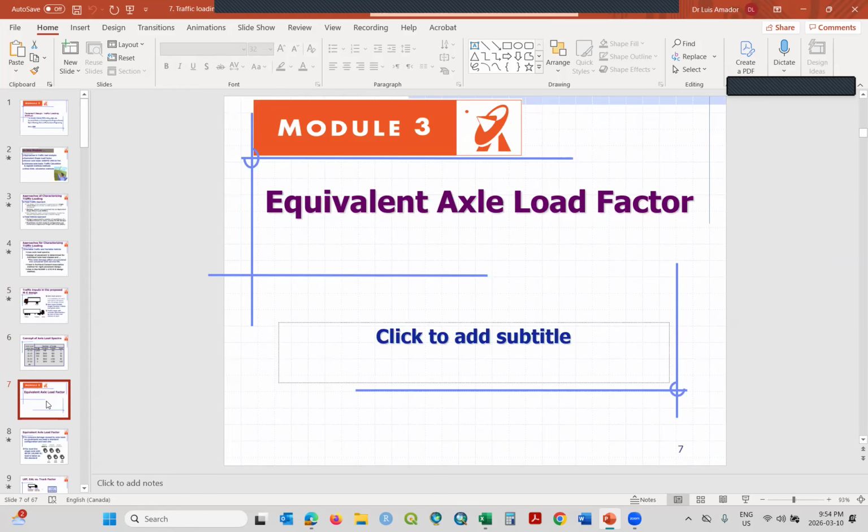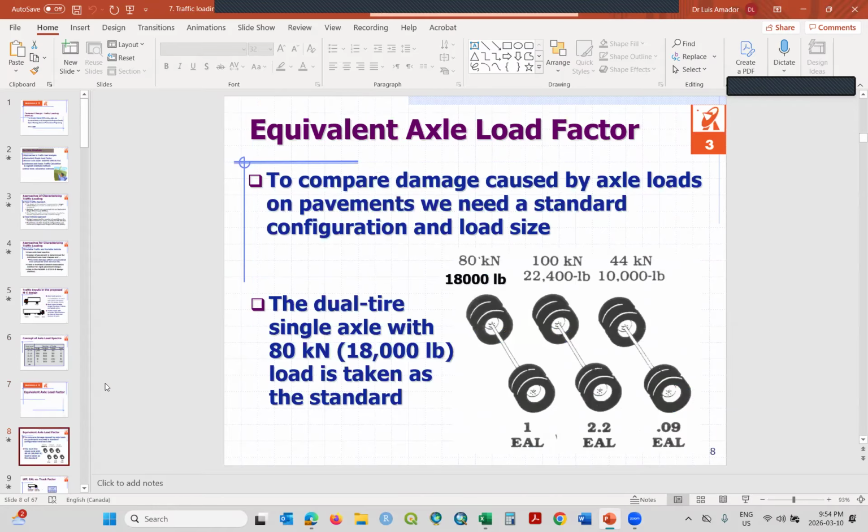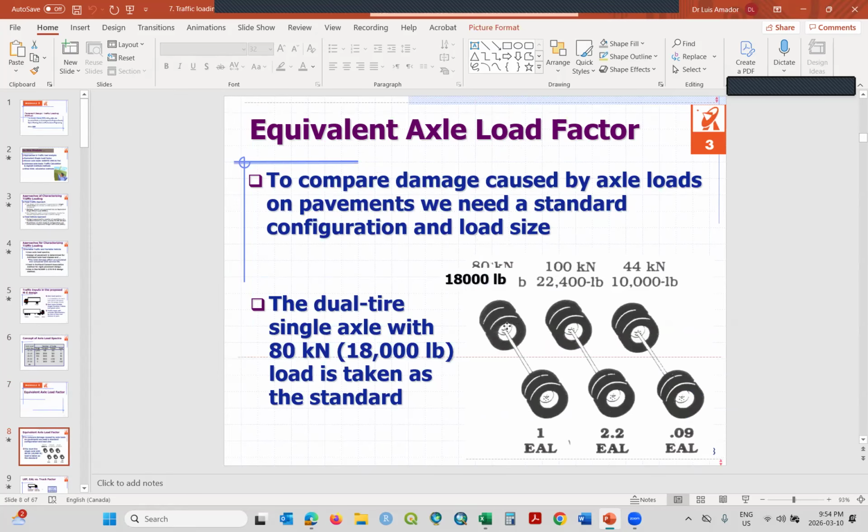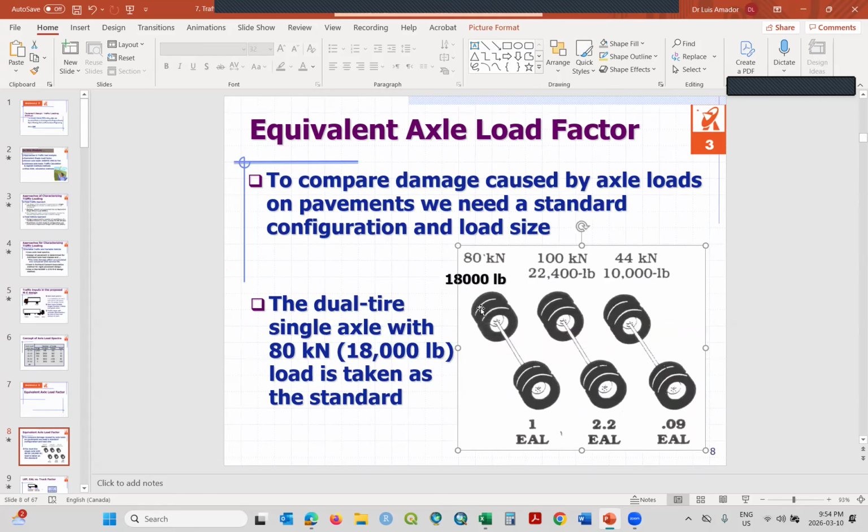So we're going to spend mostly the rest of the lecture on the standard or equivalent axle load. We're going to look at what an axle load factor is. As I was telling you, each of these is a single axle, with two tires on one axle.